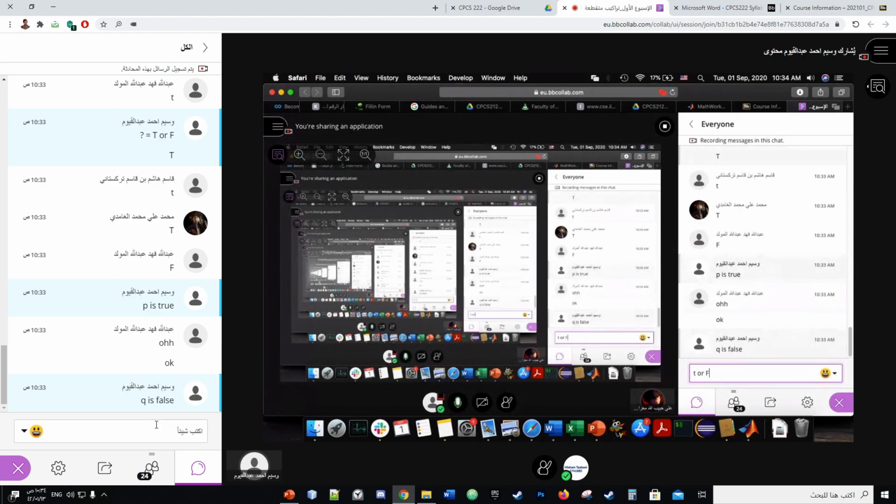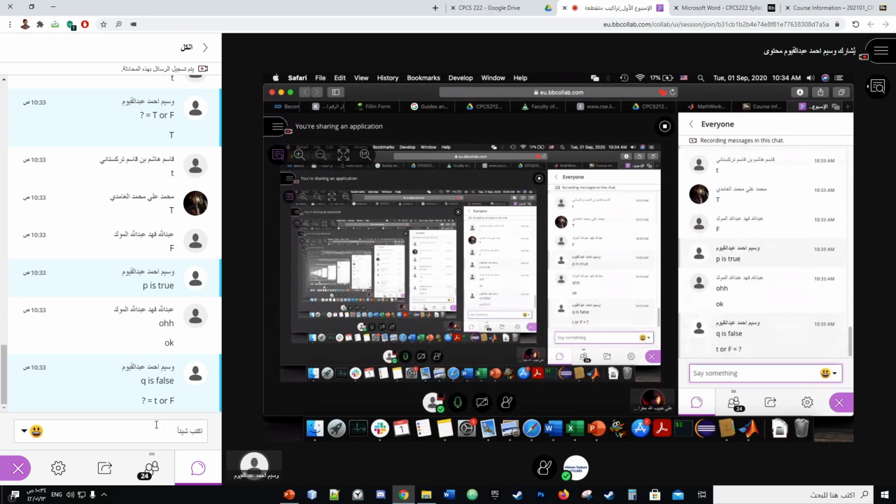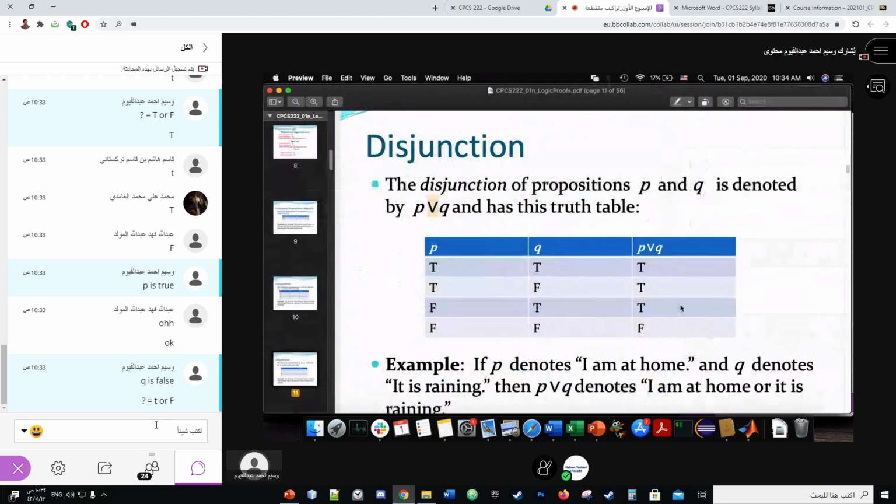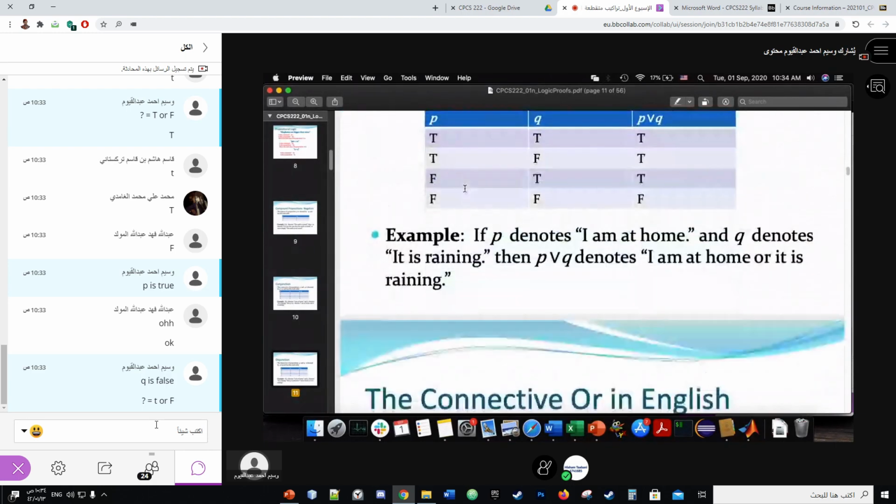So true or false is true based on the truth table. One of them, if it's true, then the or relation is true. Okay, so it's important you know this truth table for or, disjunction.